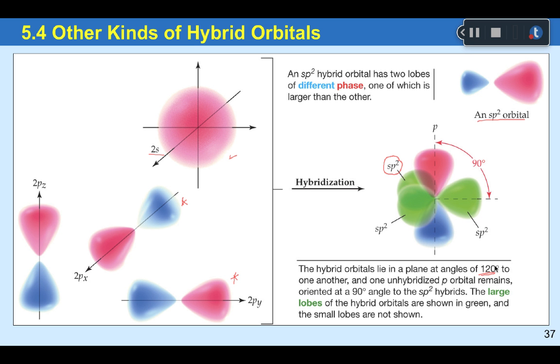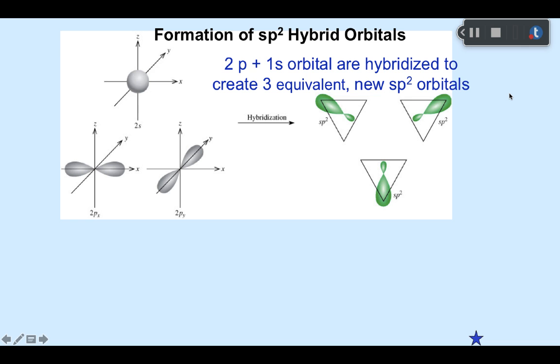And these 120 degree angles between these three hybrid orbitals of the sp2 type are going to be all in a flat plane, but that leaves behind one other p orbital that was not used from the atomic orbitals on the original diagram. And so there is an unused p orbital that can be participating in different bonding subsequent to making the hybrids. So the green ones are the hybrid orbitals showing only their larger lobe, not the small one.